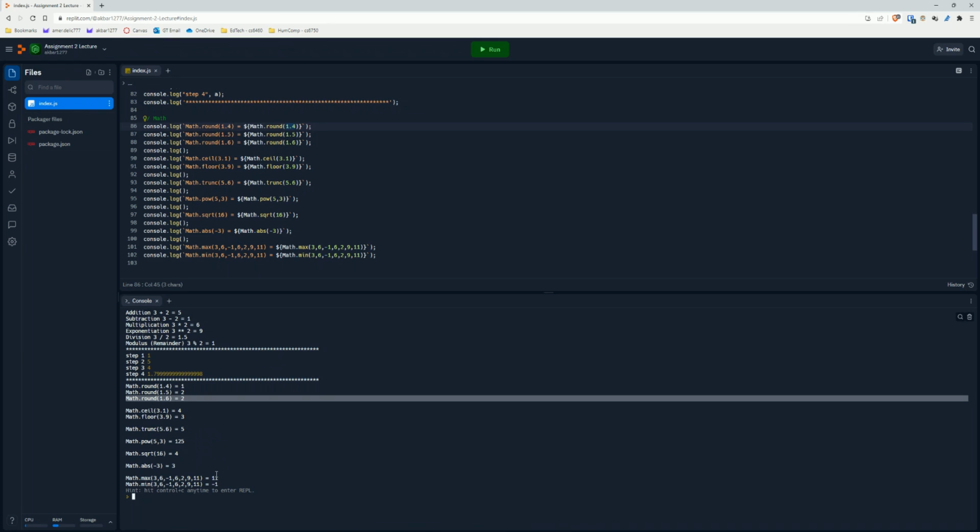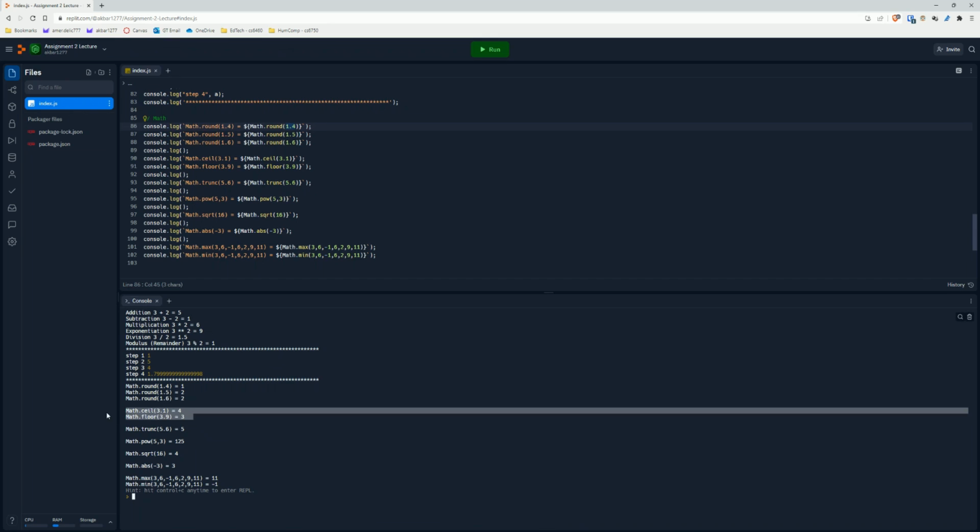And then speaking of rounding up and down, we have our ceil and floor functions. So this one rounds down and this one rounds up, hence the name. Ceil comes from the ceiling. When the ceiling is above you, you go up, so you're rounding up.